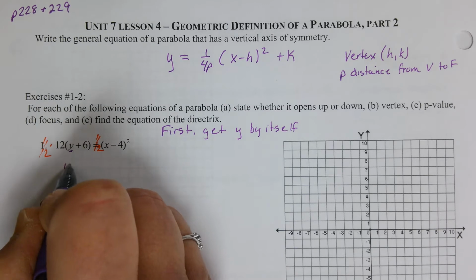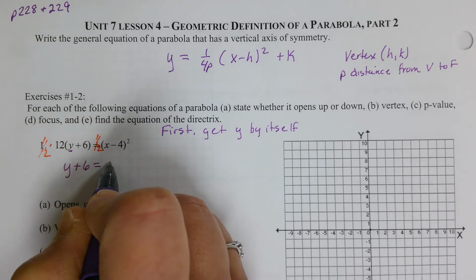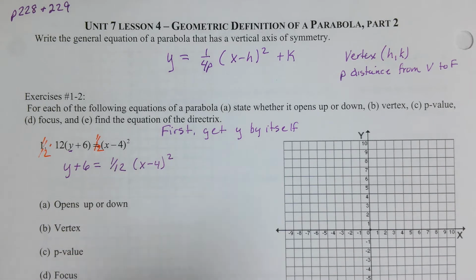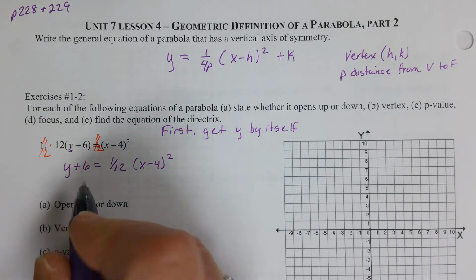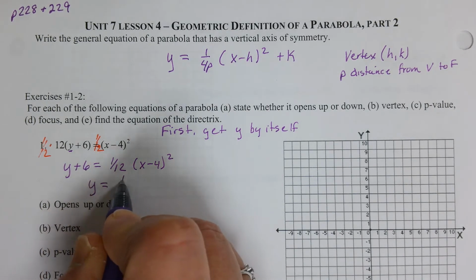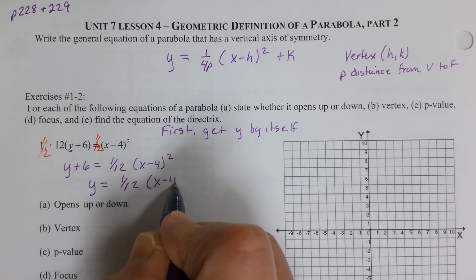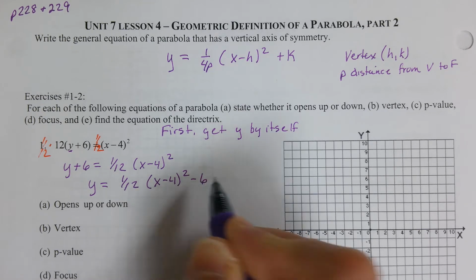In doing so, we then have y plus 6 equals 1/12 times x minus 4 squared. Now subtract 6 from both sides and we have y by itself. Y equals 1/12 times x minus 4 squared minus 6.